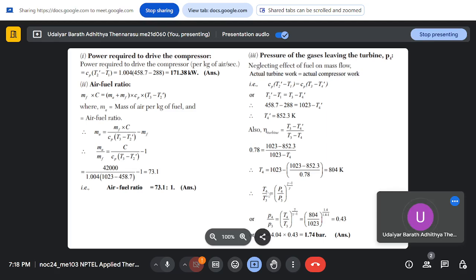Now T3 and T4 are the temperatures of the isentropic process, so assuming an isentropic process, T4 by T3 equals P4 by P3 raised to the power gamma minus 1 by gamma. With this I can find out the pressure ratio. P4 by P3 is 0.43, and I know the inlet pressure, so I can find out the exit pressure, which is 1.74 bar.